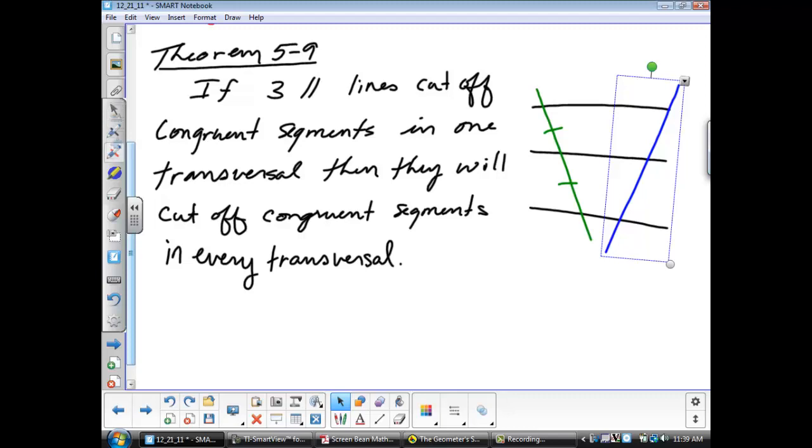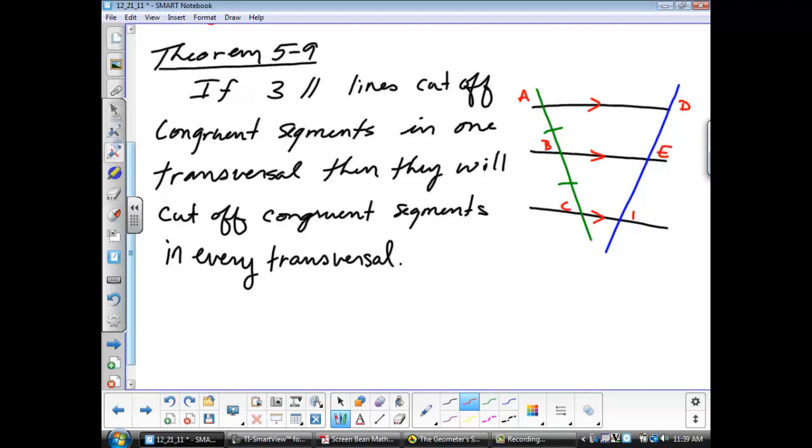So, parallel lines, and labeling A, B, C, D, E, F. The given information is that AD, BE, and CF are all parallel.